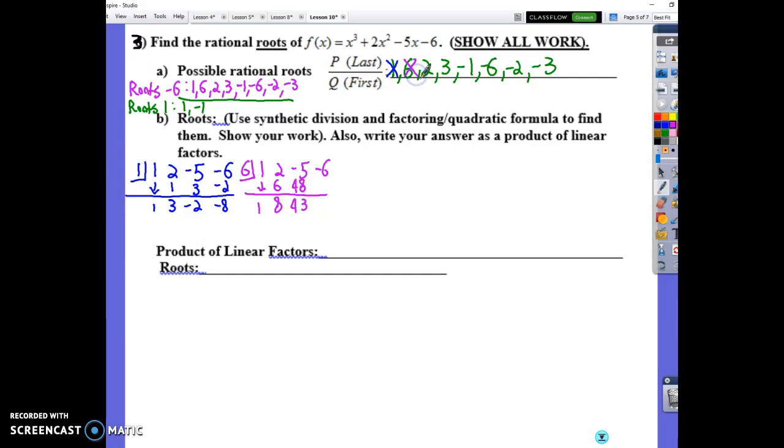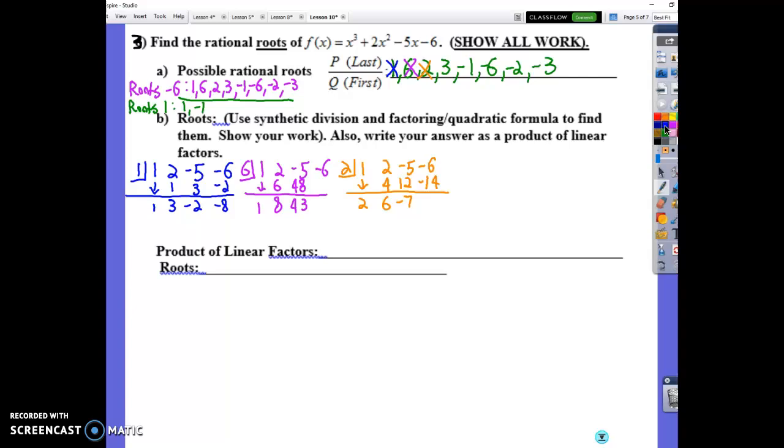So 6 doesn't work. So let's move on and try 2. Bring down that 1, multiply by 2 is 4, add a 6, multiply is 12, that's negative 7, multiply is negative 14, and that one's not 0 either. So that one doesn't work.